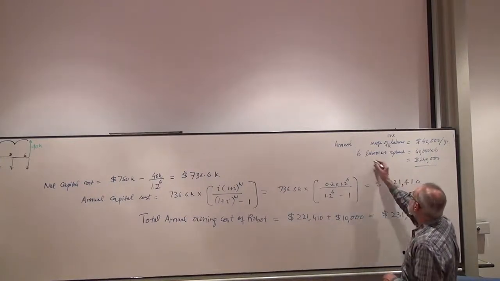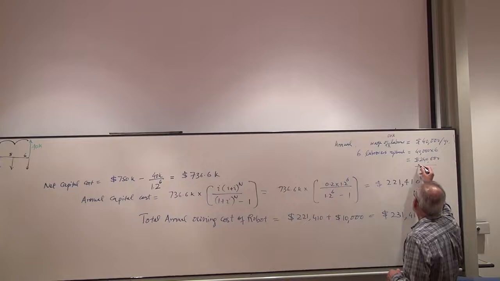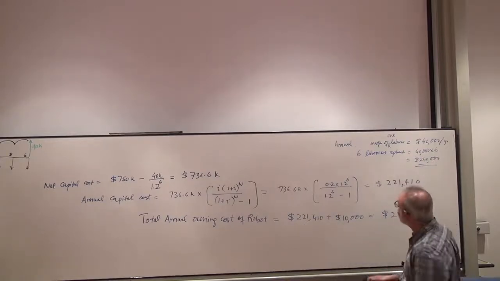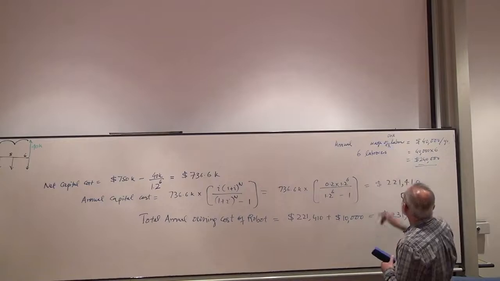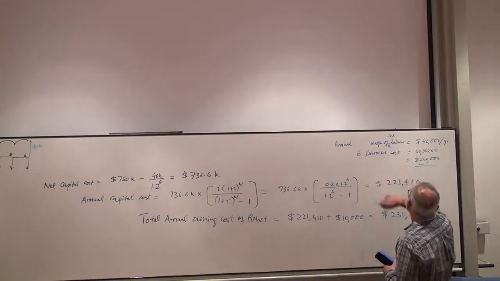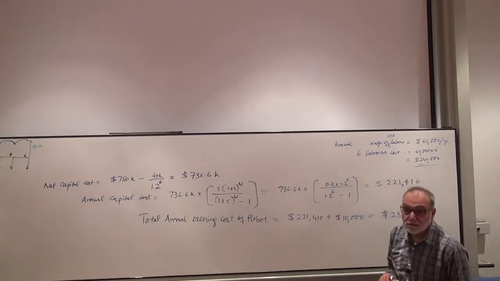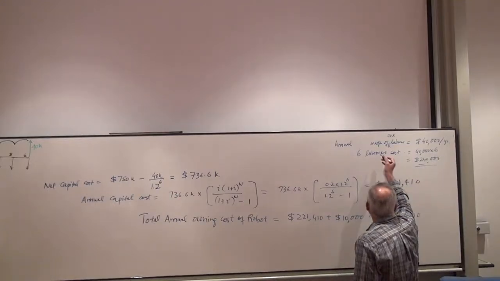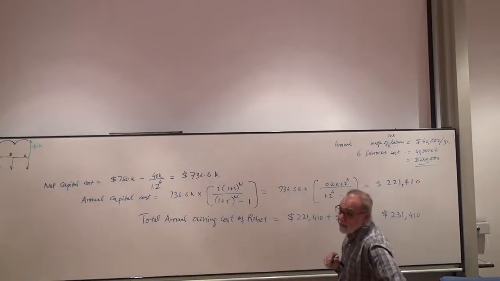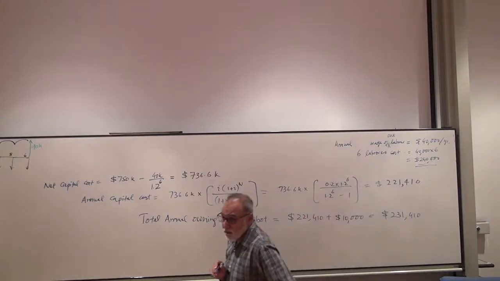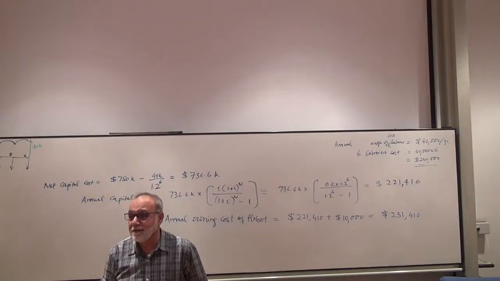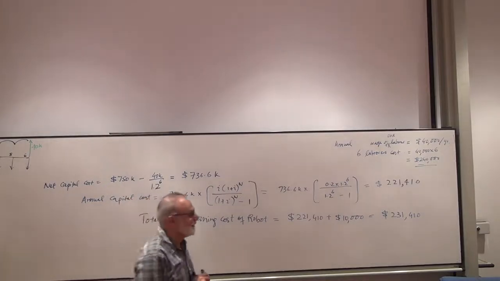And then 6 laborers will cost 240,000. If it is replacing 6 laborers, it is justified economically, not ethically, economically.